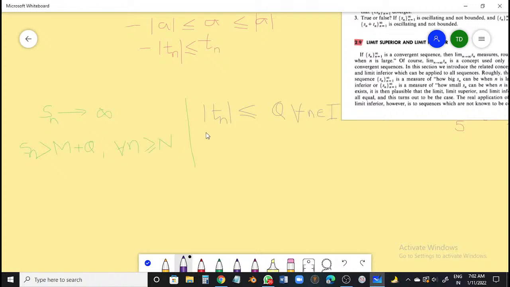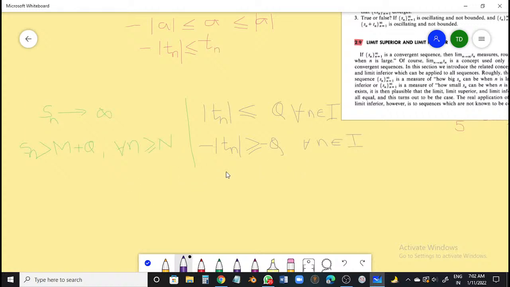Yes. Now I want to combine both the results. To combine, we have taken the help of this mod Tn. We know this is going to be minus mod Tn. We multiplied by minus 1, greater equal minus q. Sorry, this is minus q. And this will also happen for all n belonging to I. That's natural.